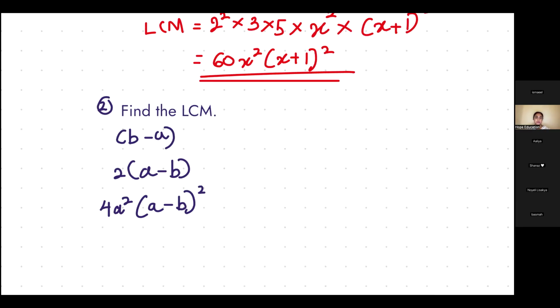Let's leave the first one. Look at the second one: 2 is just one factor, then we have a minus b. Here 4 means 2 to the power 2, a squared, and here (a minus b) squared.